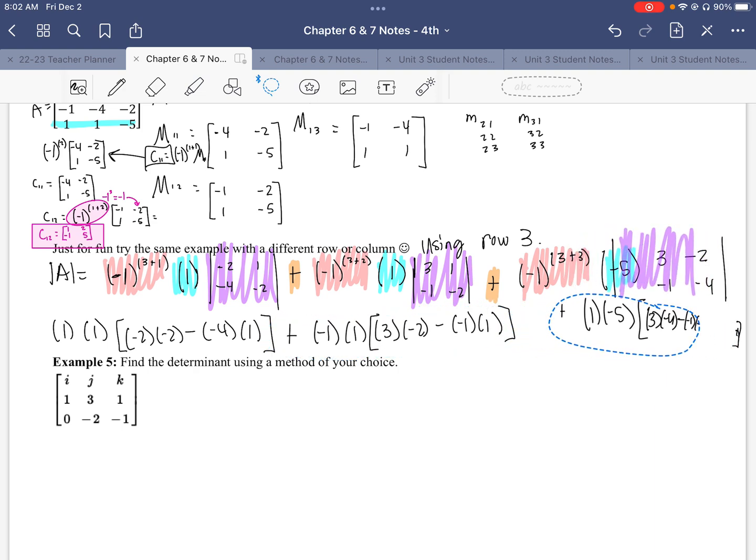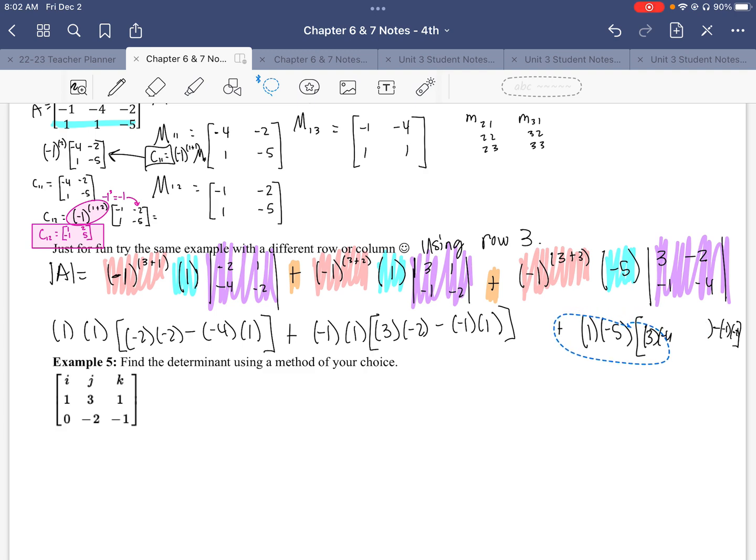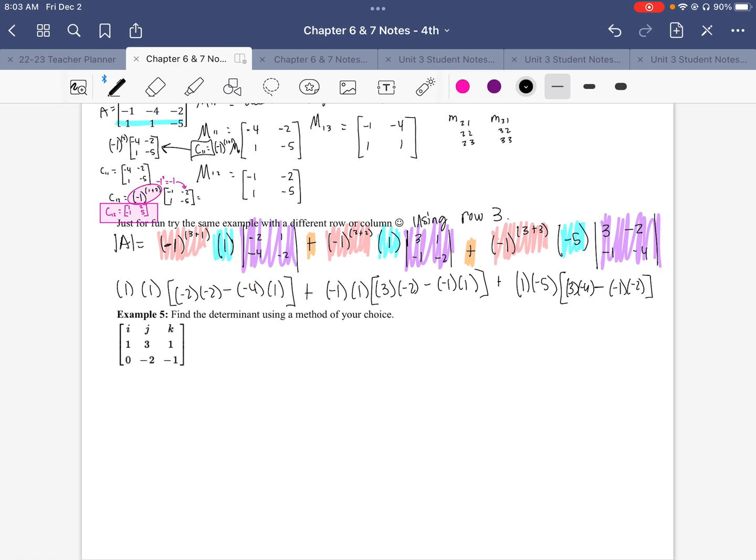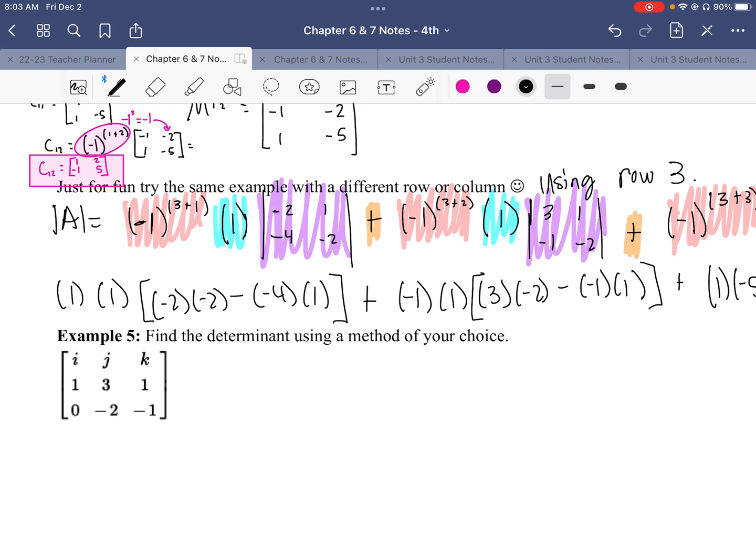Go ahead and slide this over so we can actually work with it a little bit more here. All right, so this will be 3 times a -4 minus a -1 times a -2. Okay, so now we just have to go ahead and actually simplify all of this.